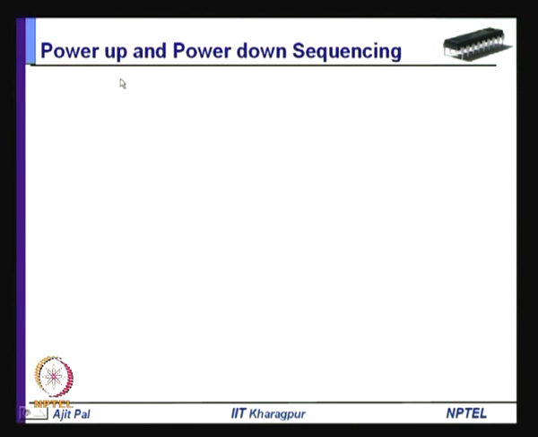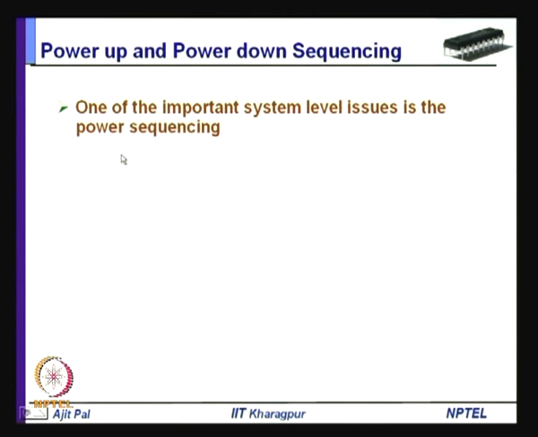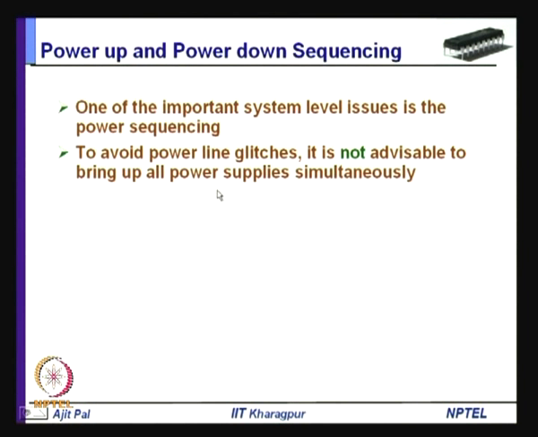Coming to another issue, power up and power down sequencing. This is a very important system level issue, and to avoid power line glitches, it is not advisable to bring up all power supplies simultaneously. Suppose you have 3 voltage domains: 1.5, 1 and 0.8. You should not bring up all the supply voltages together, as that may lead to power line glitches.